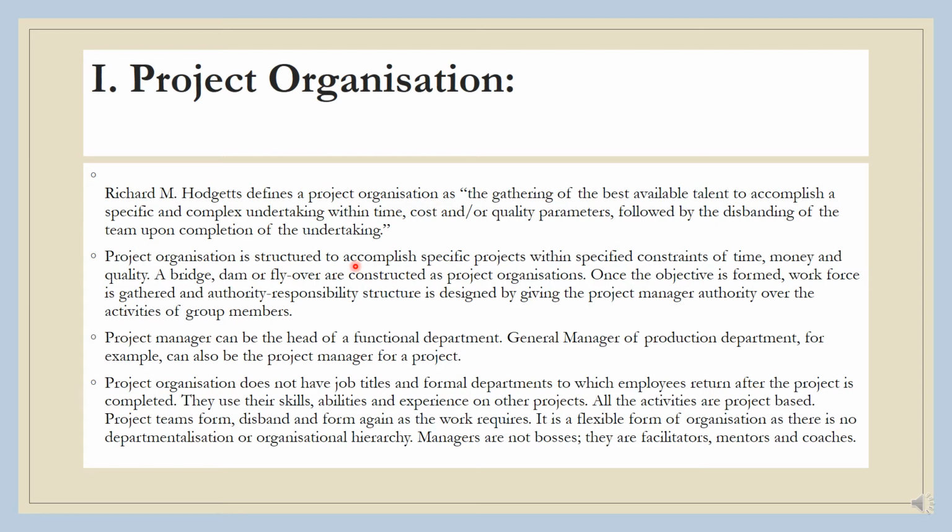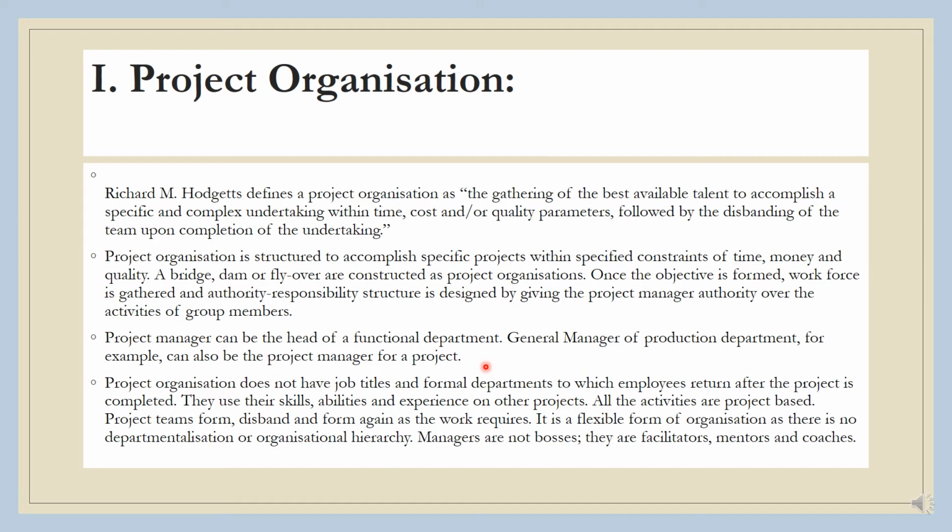Now, as the name suggests, in the project organization, all the resources come on the table or a platform, and they would achieve a certain goal. And there would be the specialists or the best of the people that would come in and do the thing. Now, the project organization is structured to accomplish specific projects within specified constraints of time, money, and quality.